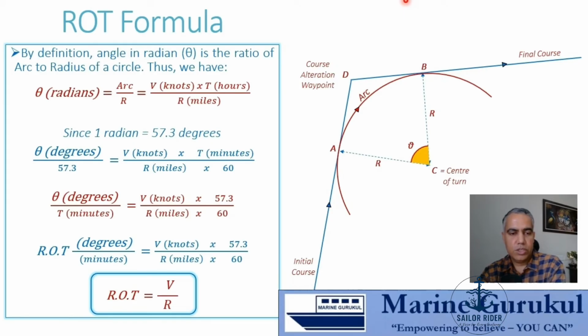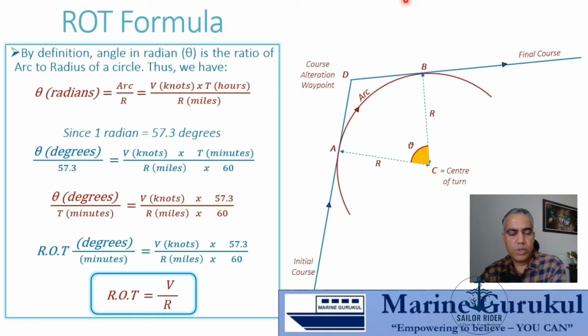The maximum rate of turn which can be achieved on a ship is limited or depends upon the size of the ship. It depends upon the shape of the hull, the block coefficient, what is the size of the rudder, the maximum rudder angle which is available to the navigator at the time of alteration.